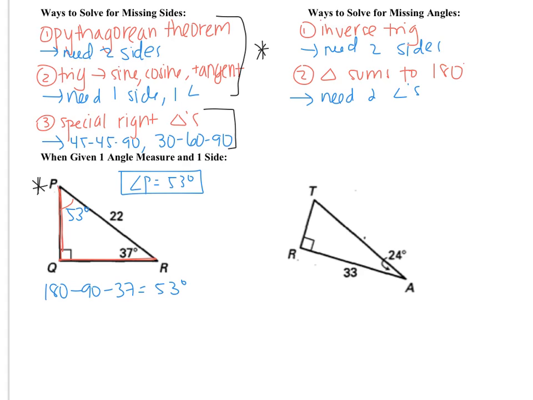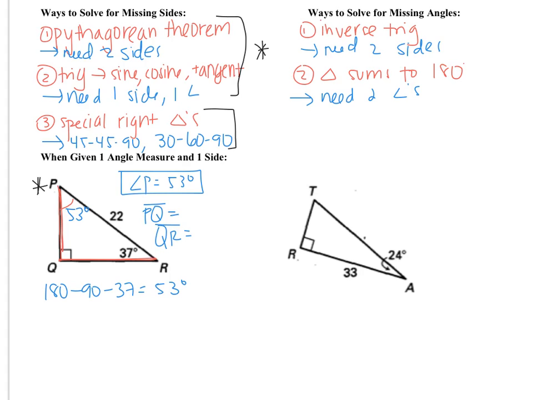Okay, besides angle P, I have to solve for side PQ and I have to solve for side QR. Okay, so in terms of solving for missing sides, I can either use the Pythagorean theorem. Well, in this case, the Pythagorean theorem is not going to apply. I only have one side. I can't do the Pythagorean theorem with only one side. Now, could I use trig?